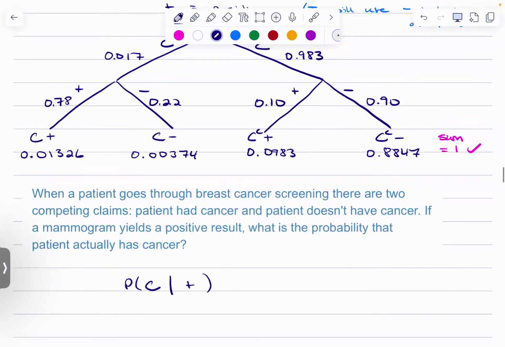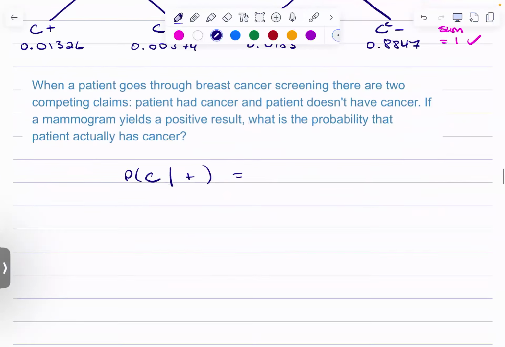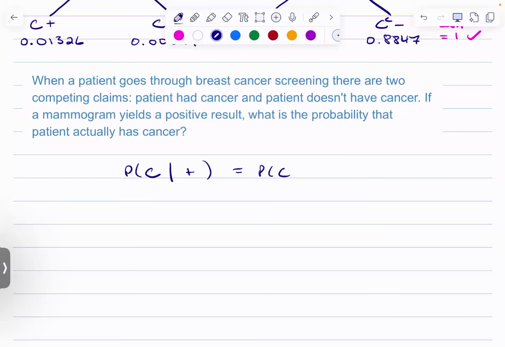We're getting used to reading this conditional probability. In our numerator, we have the probability of C and positive, divided by the probability of a positive result.